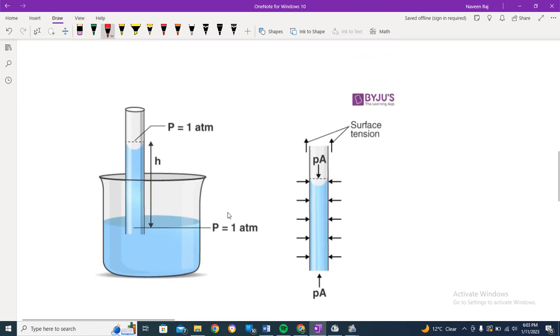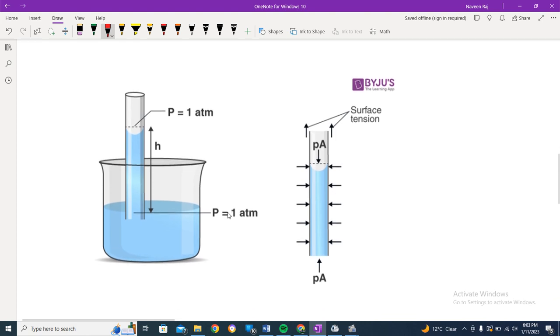Let's move forward, and you have the second point, that is capillary action. You put a tube into a test tube, or a test tube into a flask or bowl, and you will find that the water, automatically and without any force, starts moving up. What is the reason behind that? Again, adhesive forces are greater than the cohesive forces. This is a flask and this is another surface, not the water surface.